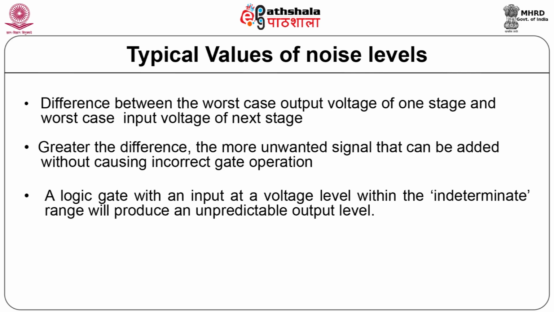A logic circuit with an input at a voltage level within the intermediate range will definitely produce unpredictable output levels. Noise margin is 2.5 volt minus 0.8 volt, which is equal to 1.7 volt for the TTL logic family.